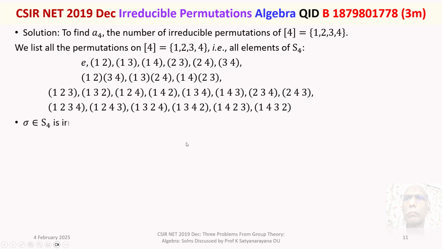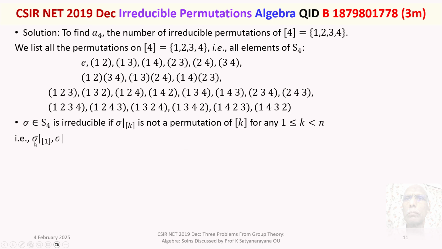Now sigma belonging to S4 is irreducible. The definition we are recalling once again: if sigma restricted to [k] is not a permutation on [k] for any 1 less than or equal to k less than n. I will elaborate this.